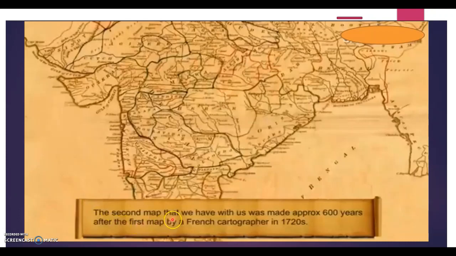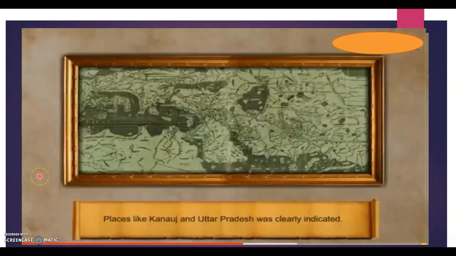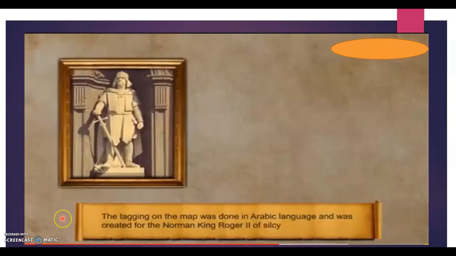The second map was made approximately 600 years after the first map by a French cartographer in 1720s. Places like Kanauj and Uttar Pradesh were clearly indicated in that map. The tagging on the map was done in Arabic language and was created for the Norman King Roger II of Sicily. This is Norman King Roger II.